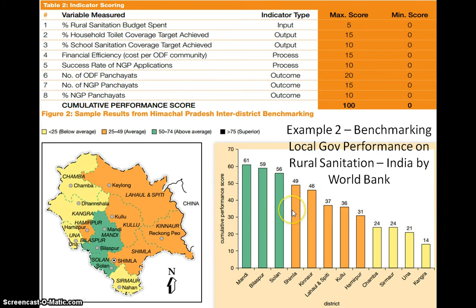So they could represent their findings in terms of aggregate performance scores like this, and they also track the score over time. They can track their own. For example, they look at the Kulu region.